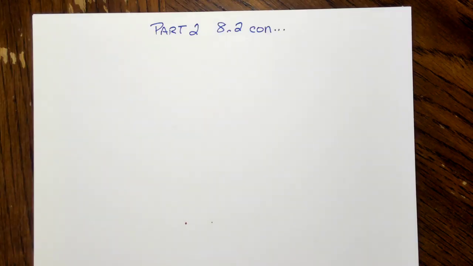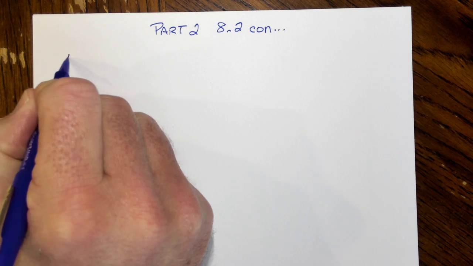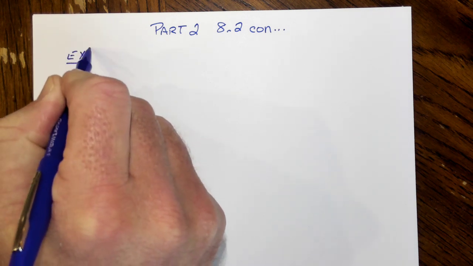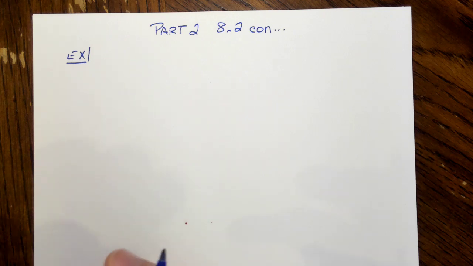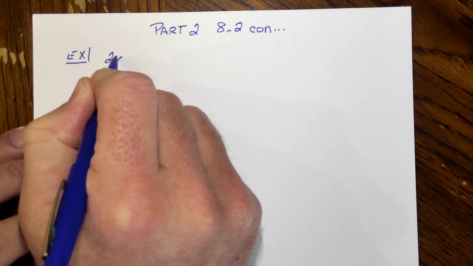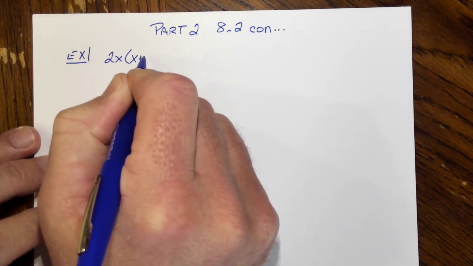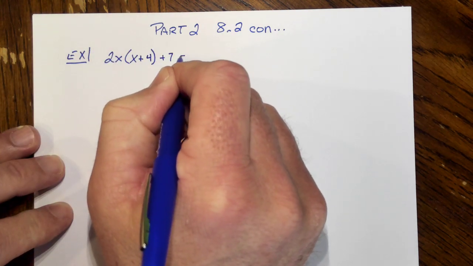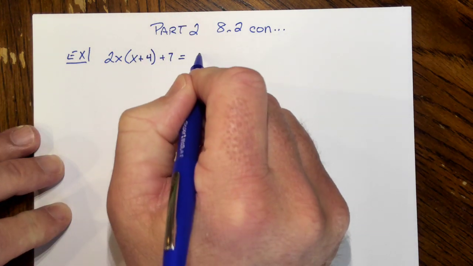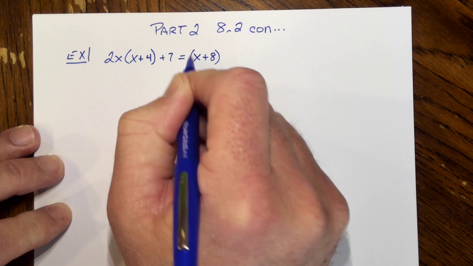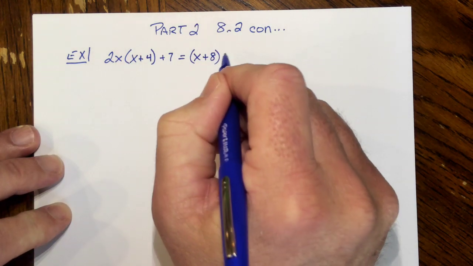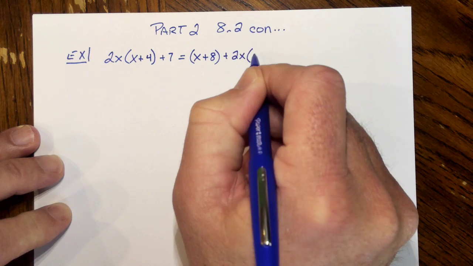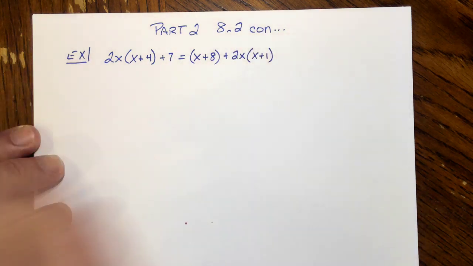Okay, we have one more example before we end this particular lesson. There are going to be times when we're going to have to solve the equation. So if I were to give you this, 2x times a quantity of x plus 4 plus 7 equals the quantity of x plus 8 plus 2x times the quantity of x plus 1, and then plus 12.